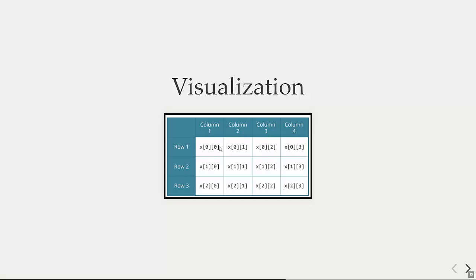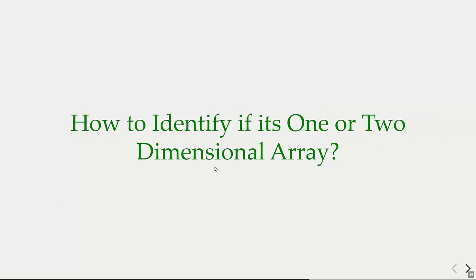If you go down, you will see the row has changed, but the column remains the same. It is row number 2, that means the index of the row is 1, so x of 1, and column 1, that means the index of the column is 0, so it is x of 1, 0. This is just to visualize how an array is numbered. Next, let's go ahead.